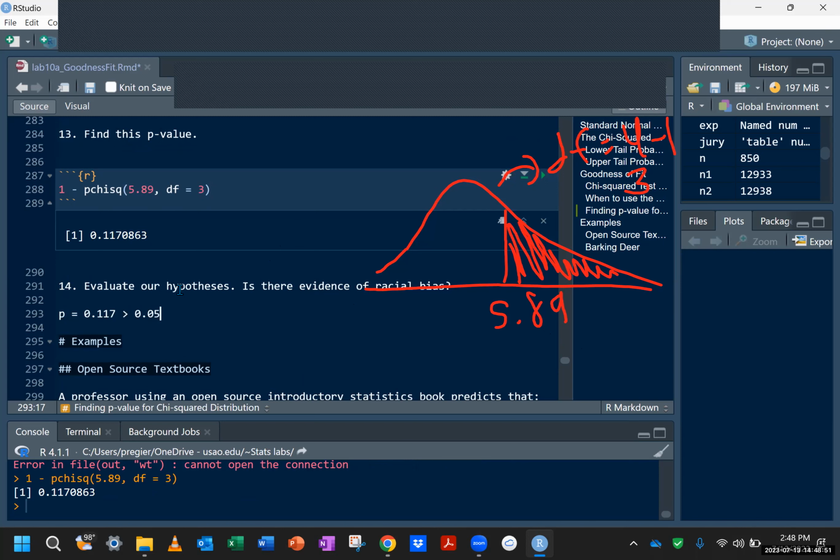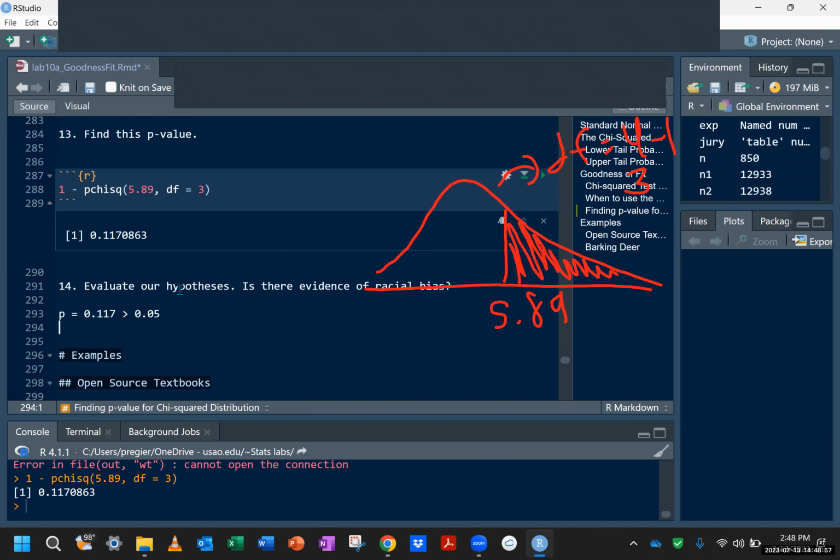So now we can sing: p-value getting too big, no evidence for alternative. So we can say, since p is greater than 0.05, we don't have compelling evidence for the alternative.